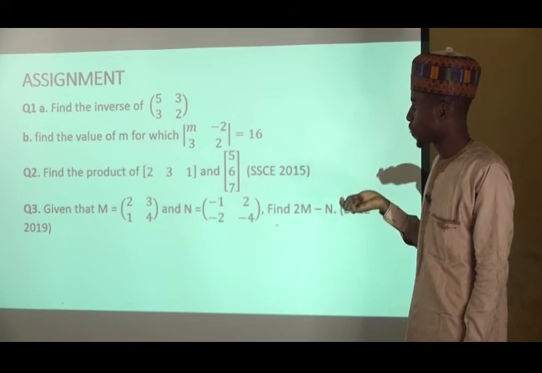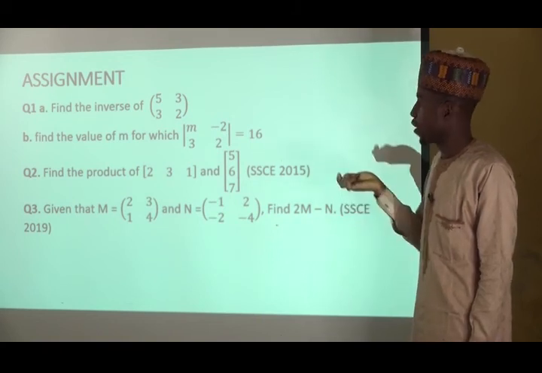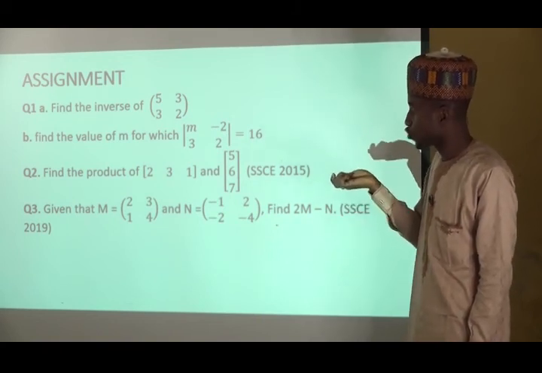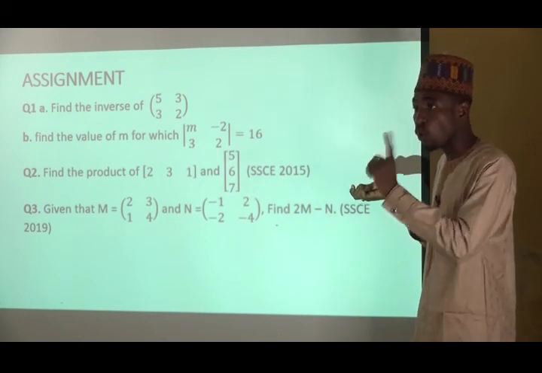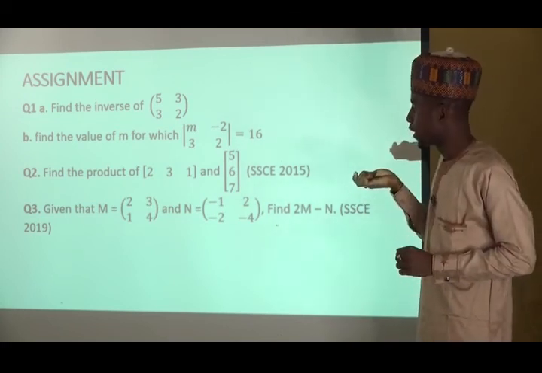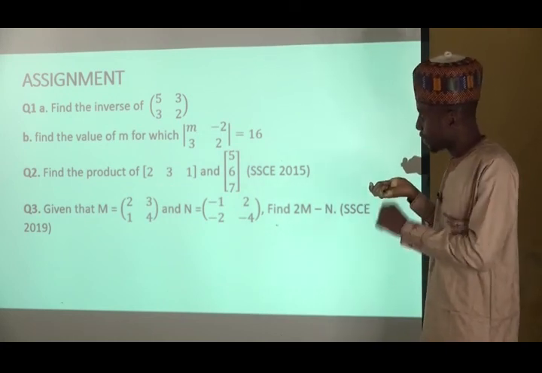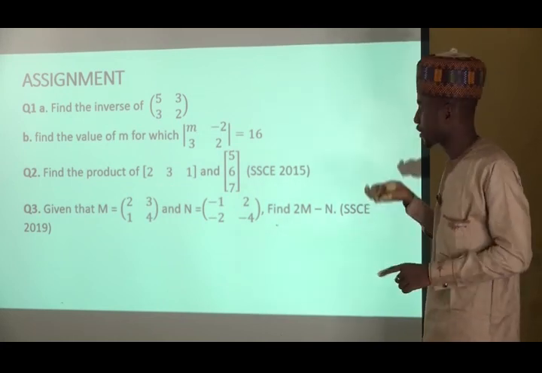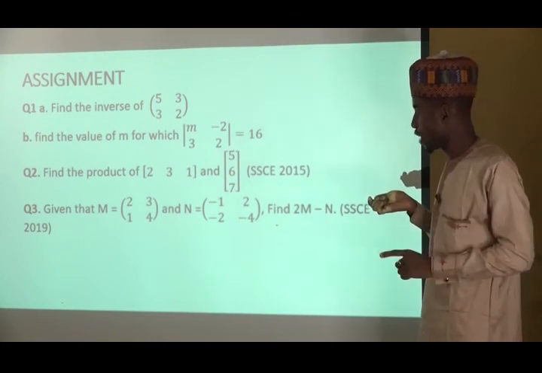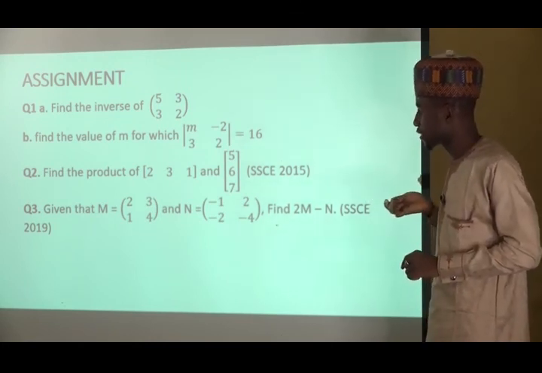Question number 2, find the product of the first matrix, which is a row matrix because it has a single row of elements, 2, 3 and 1, and the second matrix is a column matrix with a single column of elements 5, 6 and 7.